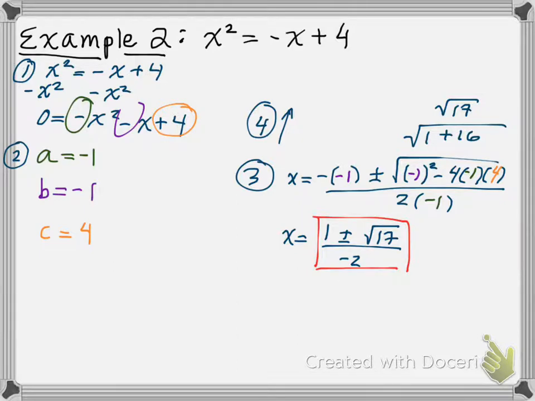But what I could do is approximate my answer by plugging it into the calculator. So if I plug into my calculator 1 plus the square root of 17 divided by -2, I get my first approximation value, which is -2.56 approximately.